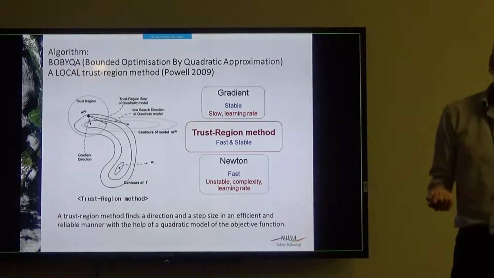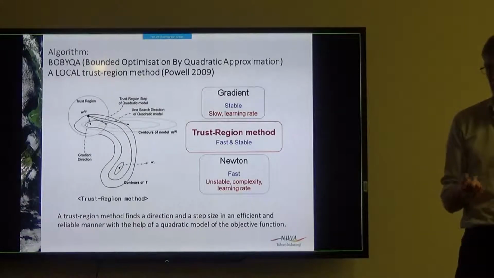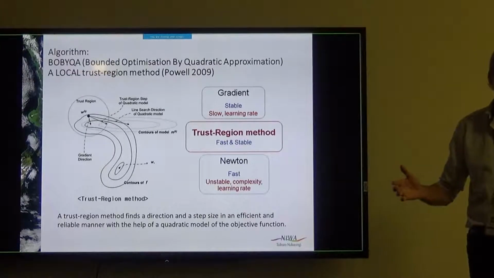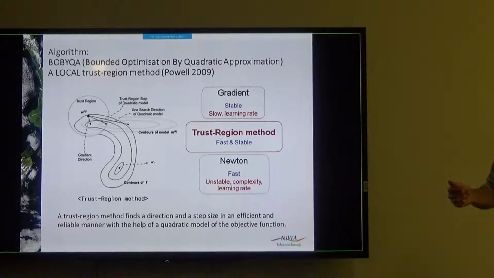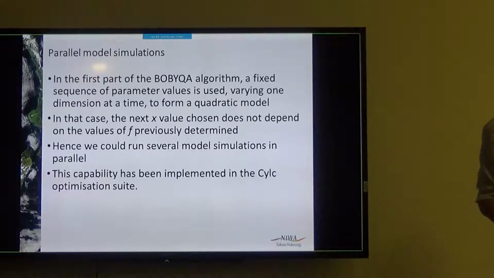That tells us we know pretty well in advance what the first 2n plus 1 iterations are going to be, so we could actually run models in parallel, and we built that into this engine.